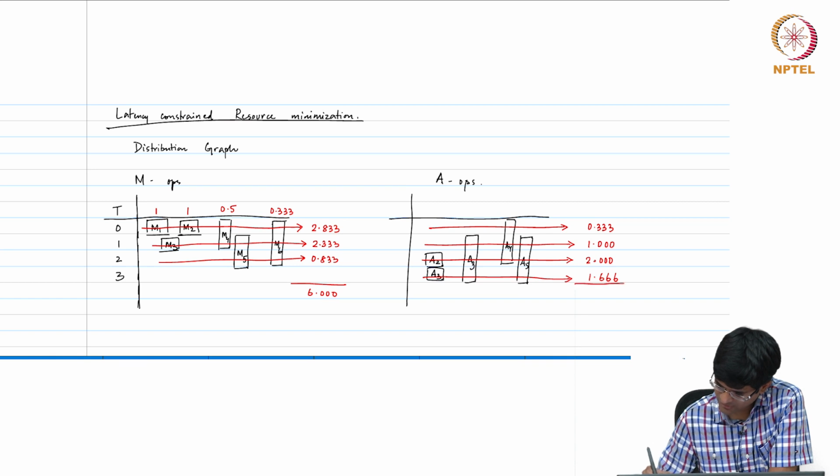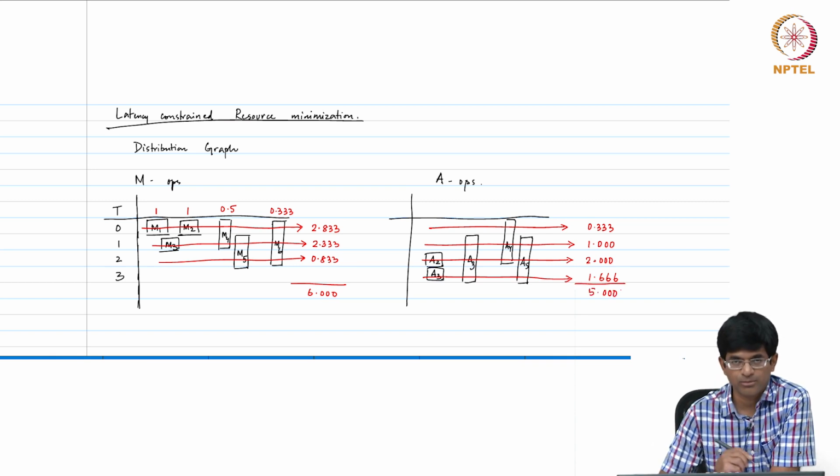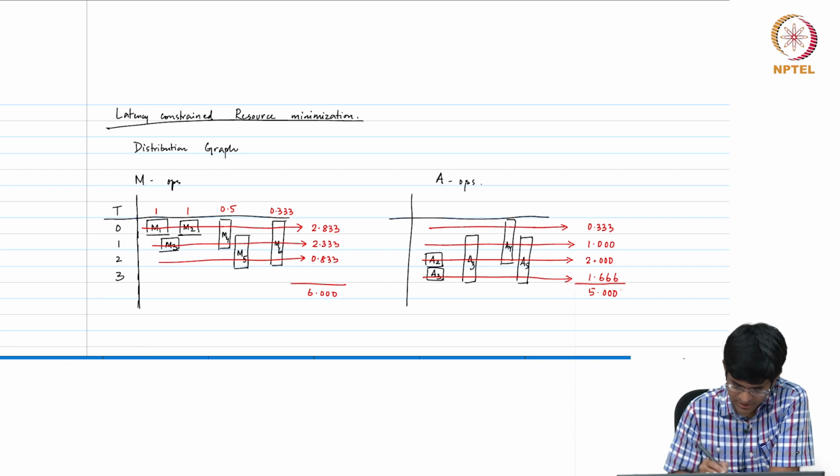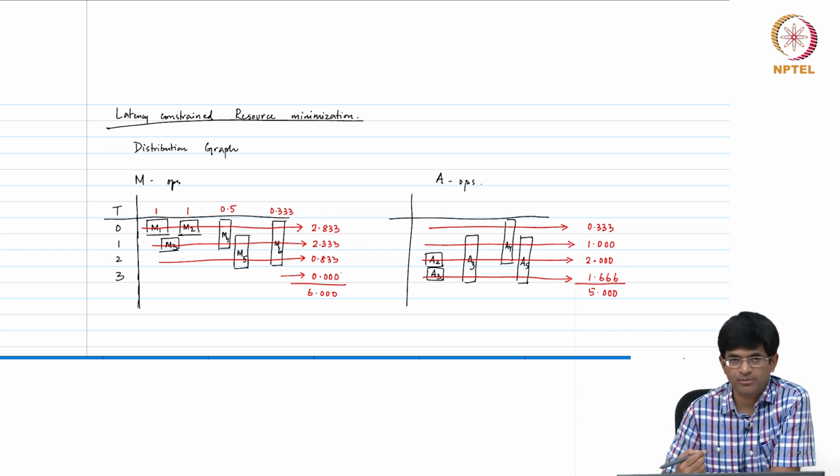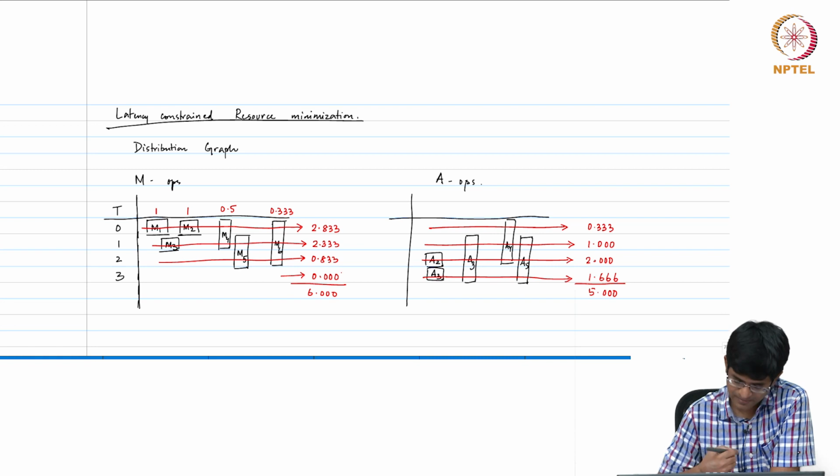And if I add all of these together, I end up with 5, which is the total number of A-type operations. Alright, now how do we use this information, right? By the way, the distribution graph for multiplication in cycle number 3 is 0. You cannot have any multiplications in cycle 3 and still finish within 4 clock cycles.